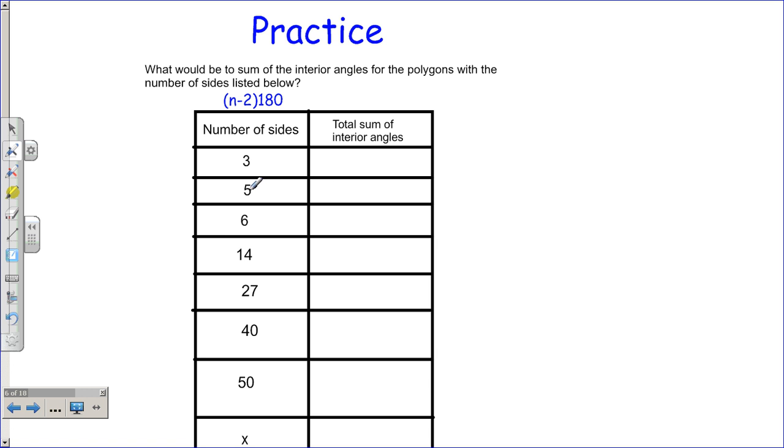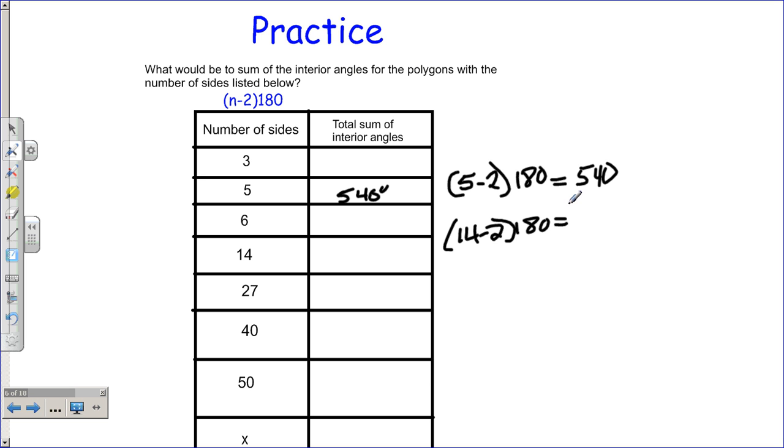Here, this says it has 5 sides. So I go 5 minus 2 times 180. I get 540. So the total sum of the interior angles for a 5-sided figure would be 540 degrees. What if it had 14 sides? Well, I'd go 14 minus 2 times 180.